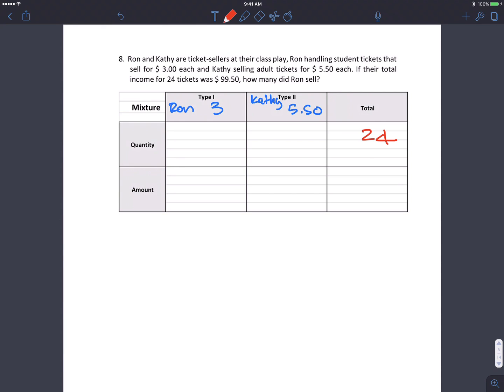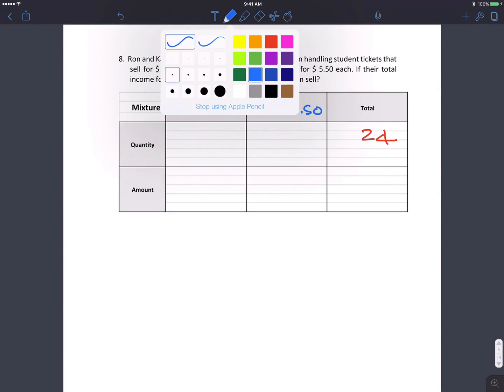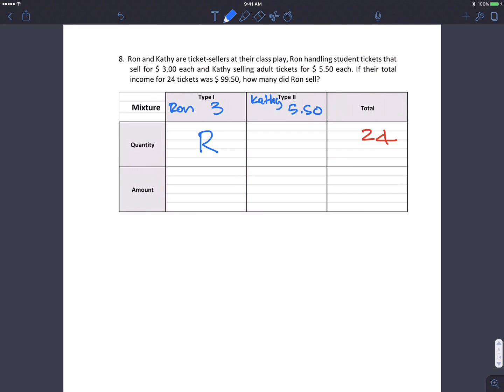So here's what we can do. We're going to let R be the amount of tickets that Ron sells. Let K be the amount of tickets that Kathy sells. So we know that Ron's tickets sell for $3. So the amount in terms of value, 3R plus 5.50K is going to give us the total value of $99.50.